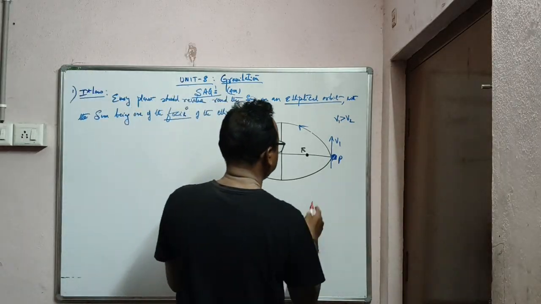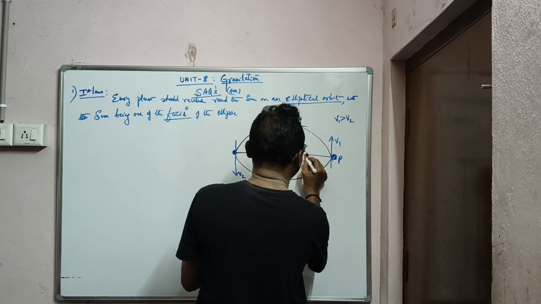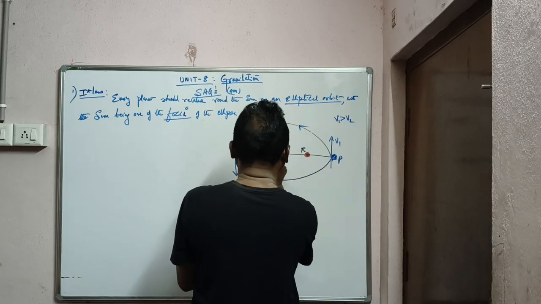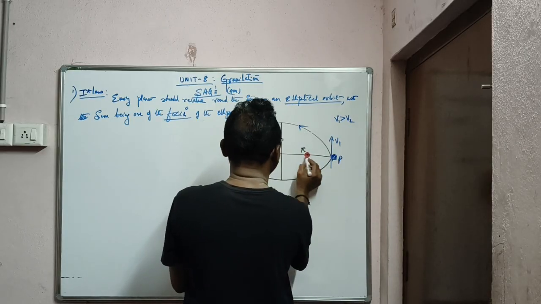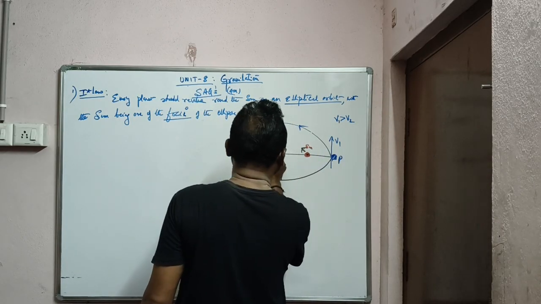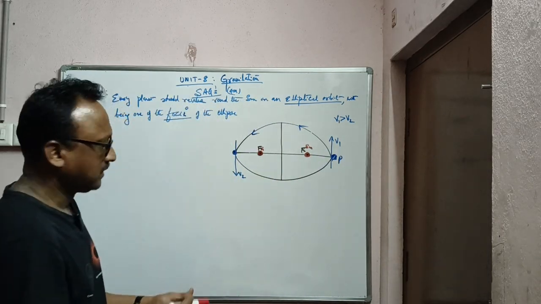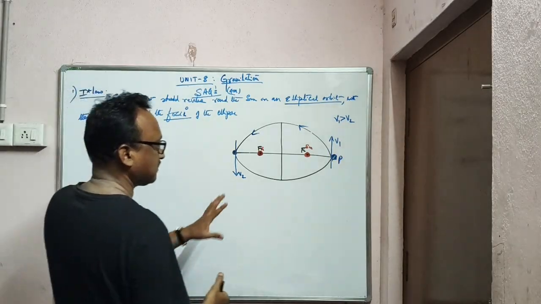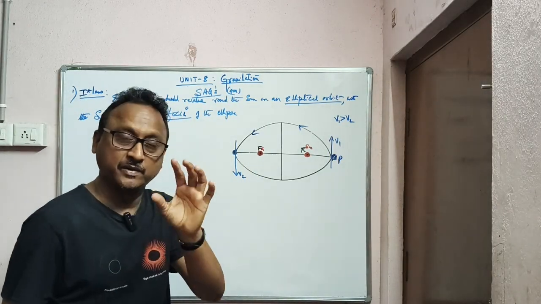That is the first statement. Either here or here, one of the foci of the ellipse. The sun is stationary, of course. The sun will not move, and please make a note: the Earth will be moving.